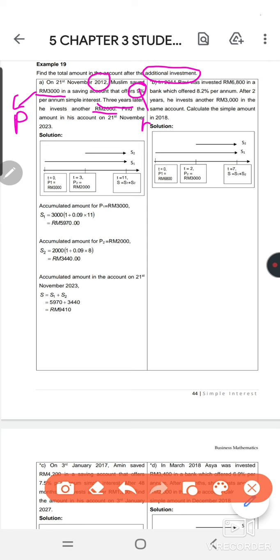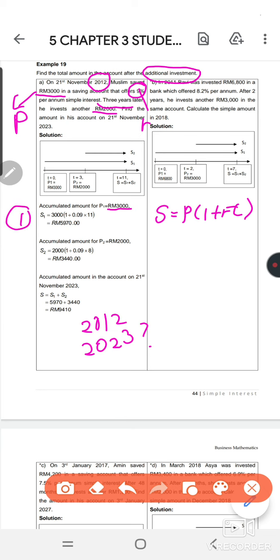Maksudnya kat sini dia simpan masa tahun 2012, dan dia tanya 2023, berapa nilai simpanan? So first, kita tengok formula accumulated amount for P1 RM3,000. Mula-mula tu kita still guna formula S equals P(1 plus RT). First part, we need to calculate S1. Your P is 3,000, yang first ni masa tahun 2012. 3,000 times (1 plus 0.09), which is interest rate 9%, and multiply by 11.